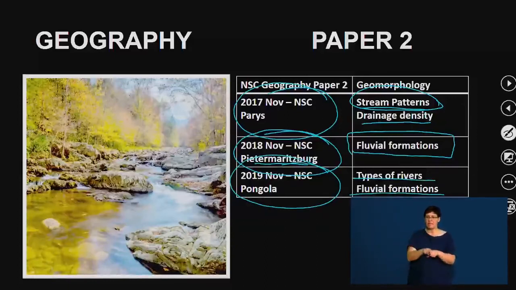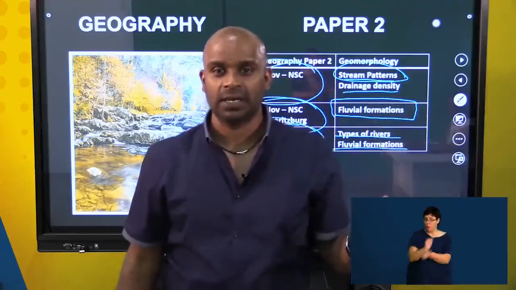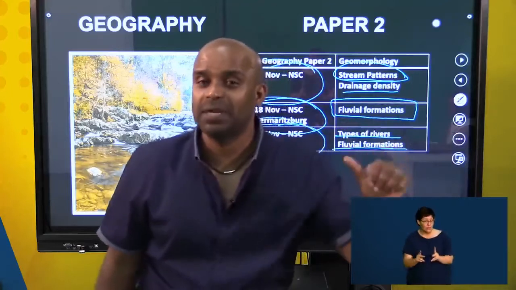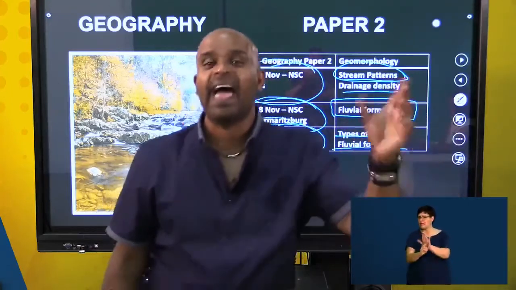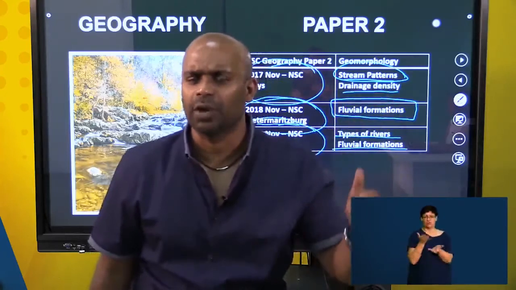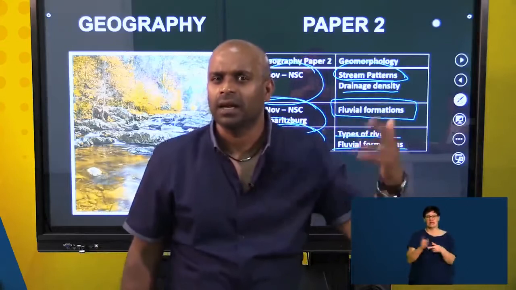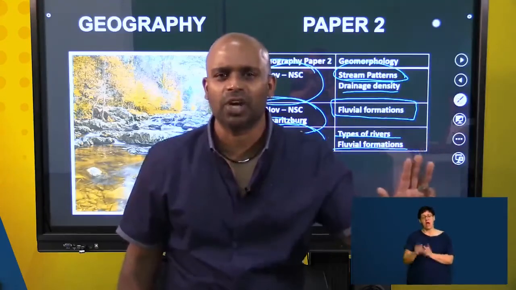Remember, when it comes to types of rivers, we are talking about permanent rivers. Okay? And how are permanent rivers represented on a map? As perennial streams. These are continuous blue lines, meaning those rivers are permanent. You know what I'm talking about when it comes to types of rivers: permanent, periodic, exotic, and episodic.